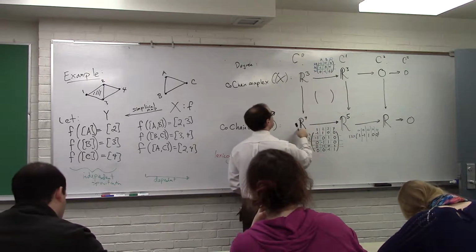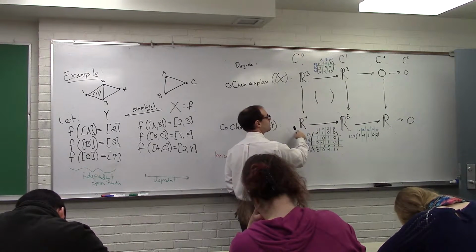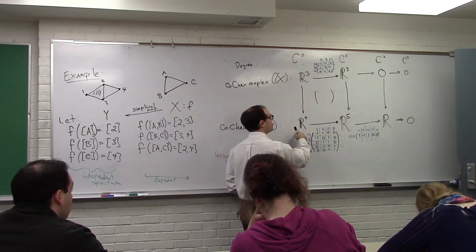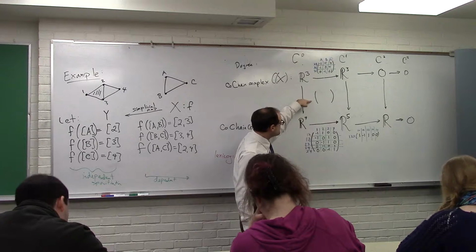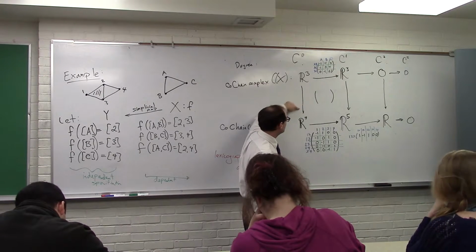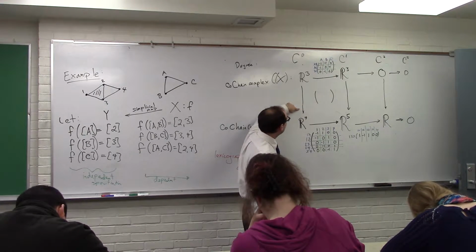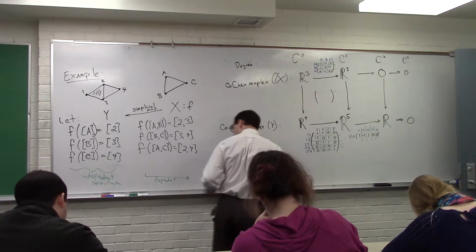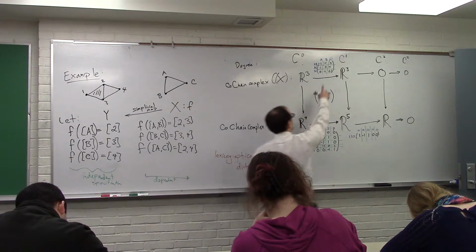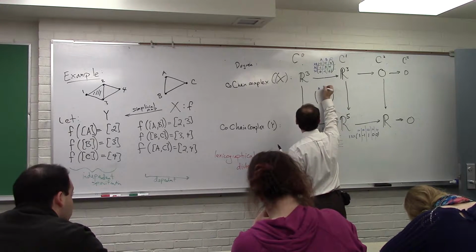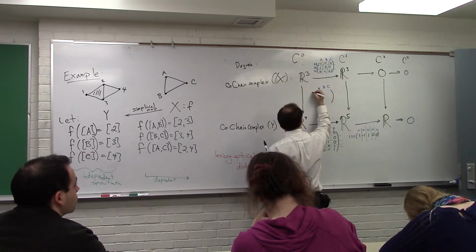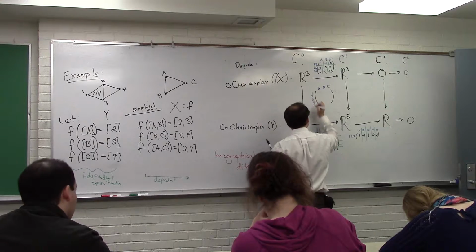What shape should this matrix be? How many rows should this matrix have? I'm talking about this one here. 4. And how many columns? 3. Great. The columns should be labeled the same way as I've got over here: A, B, and C, and 1, 2, 3, 4.